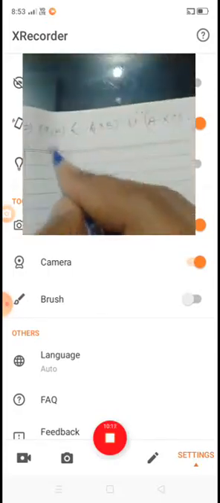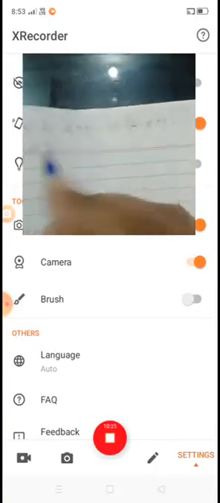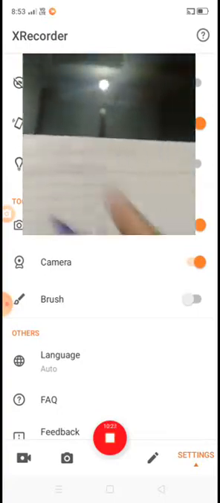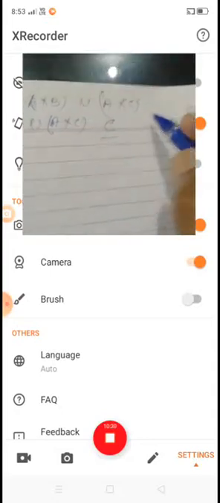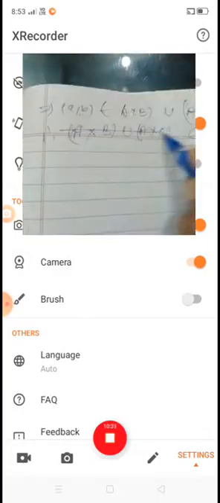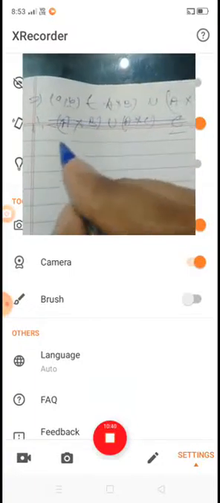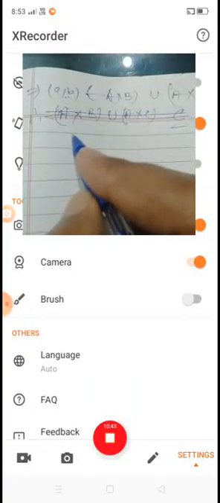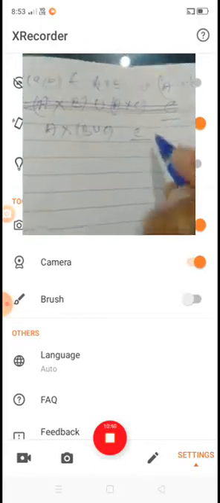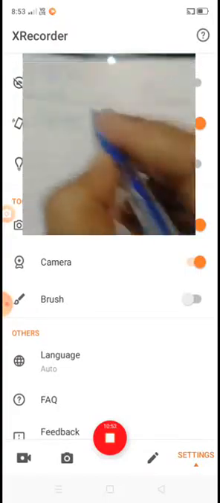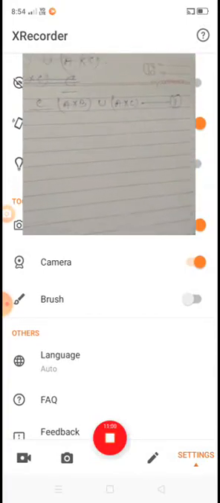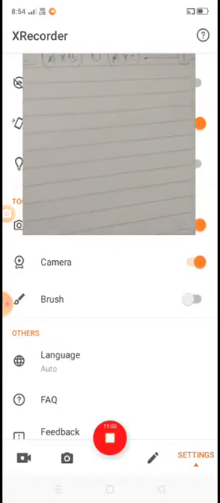So A cross (B union C) is a subset of (A cross B) union (A cross C), let this be equation number 1.